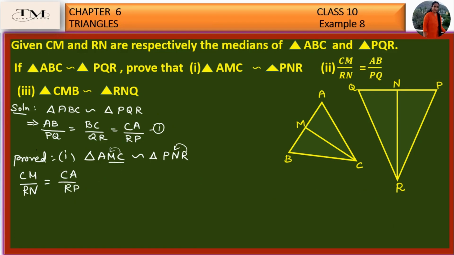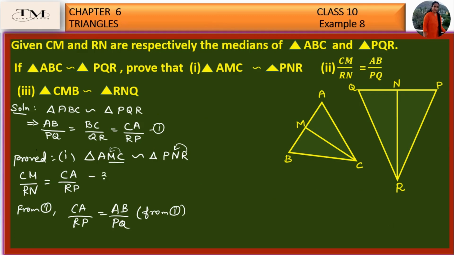Why did I choose CA by RP? It is present in this first part. Already we have proved that CA by RP is equal to AB by PQ. So from 1, I can write CA by RP is equal to AB by PQ.